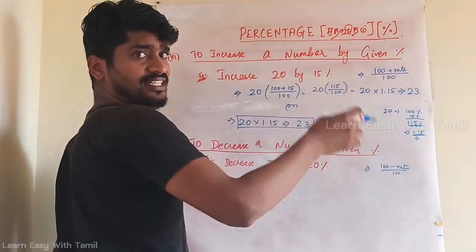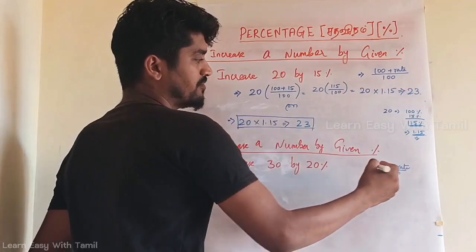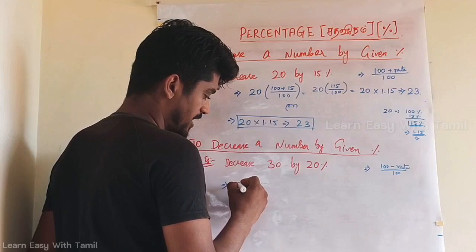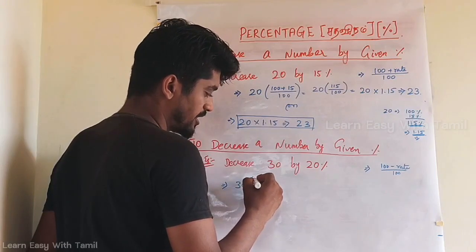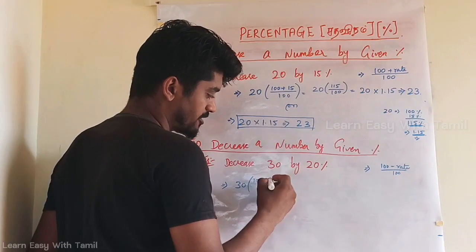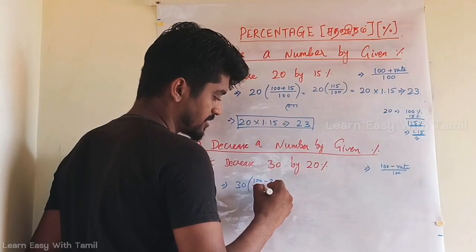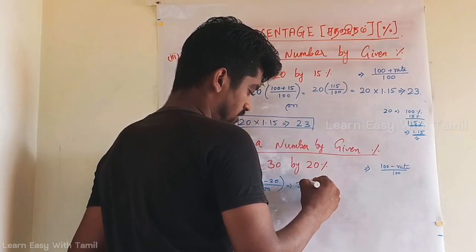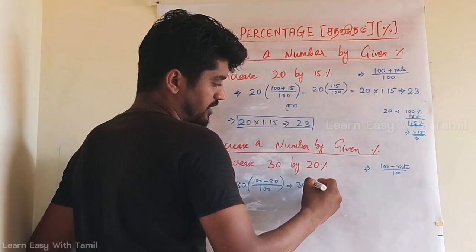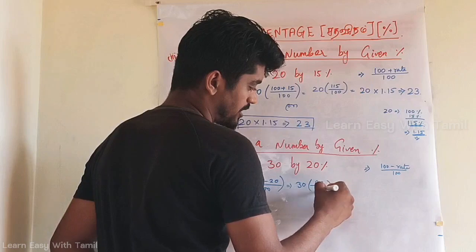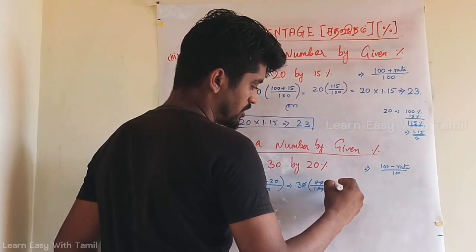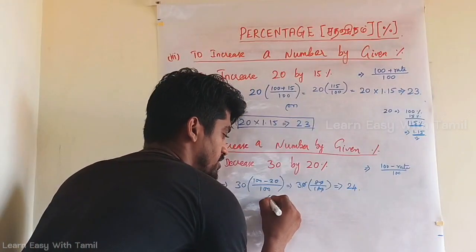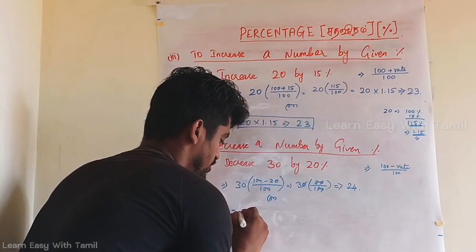So for the value which gets decreased from the given value, we have to subtract the rate of percentage. We write 30 multiplied by 100 minus the rate of percentage, 20 percent decreased, and denominator 100. 30 into 100 minus 20, 80, divided by 100, we cancel 0 and 0. So the value is 24.